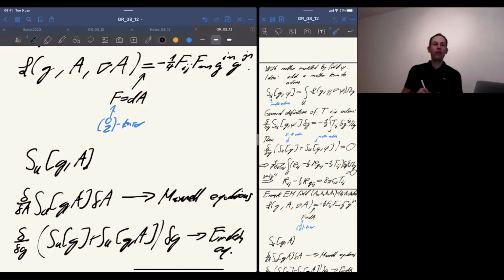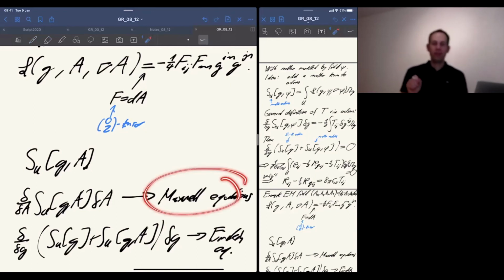But this is now remarkable because we get two completely different equations, namely the Maxwell equations, which are the equations from electrodynamics, and the Einstein field equations, with essentially the part here. I mean, this part is essentially the matter part of the Einstein field equations, the T. We get that part as well as the Maxwell equations from this very same Lagrangian, from the same action that we defined.